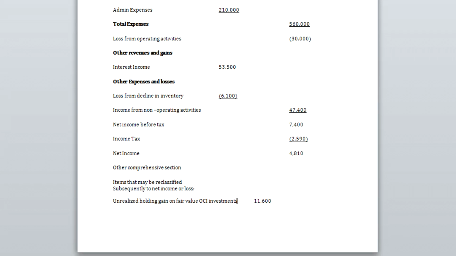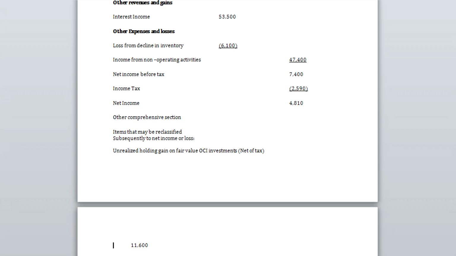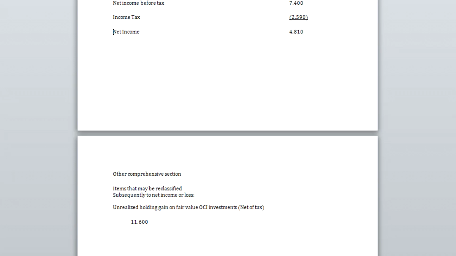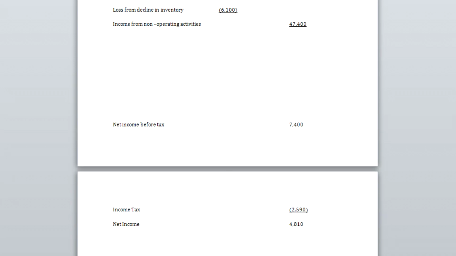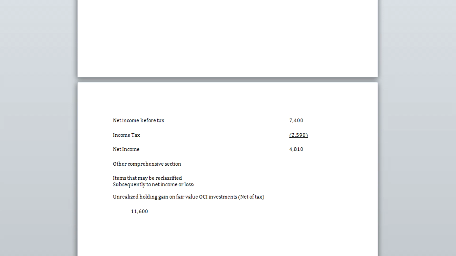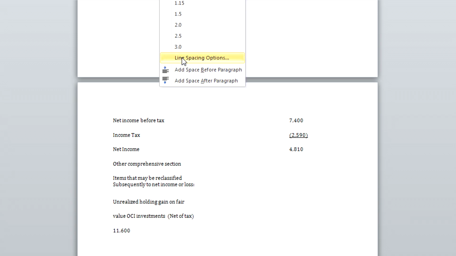So in order to record this net of tax, I'm going to move this part of the income statement onto the other page here, just so that it's easier to follow along. And I'm going to make this a little bit easier for you guys to read.